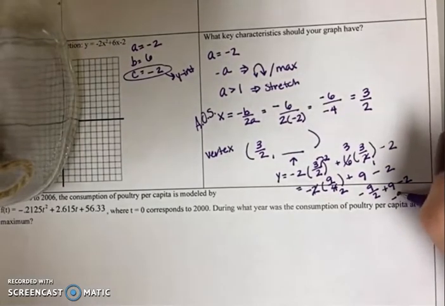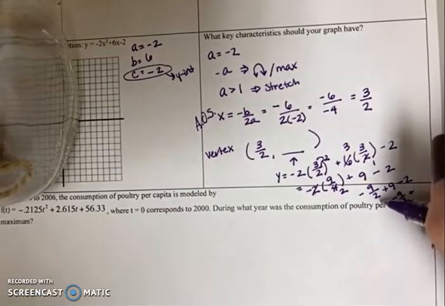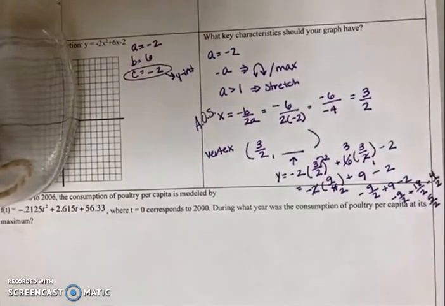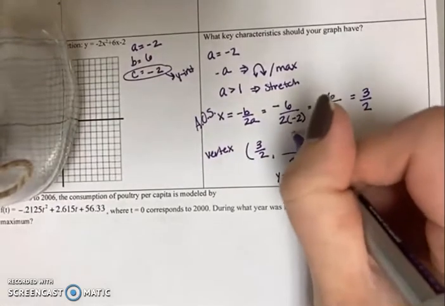So -9/2 plus, this is technically 9 over 1. I want a common denominator of 2, so I'm going to multiply by 2 over 2, giving me 18/2. Do the same thing, multiply by 2 over 2, which is our fancy form of 1. I end up with 4/2. Meaning that the y value is 5/2.